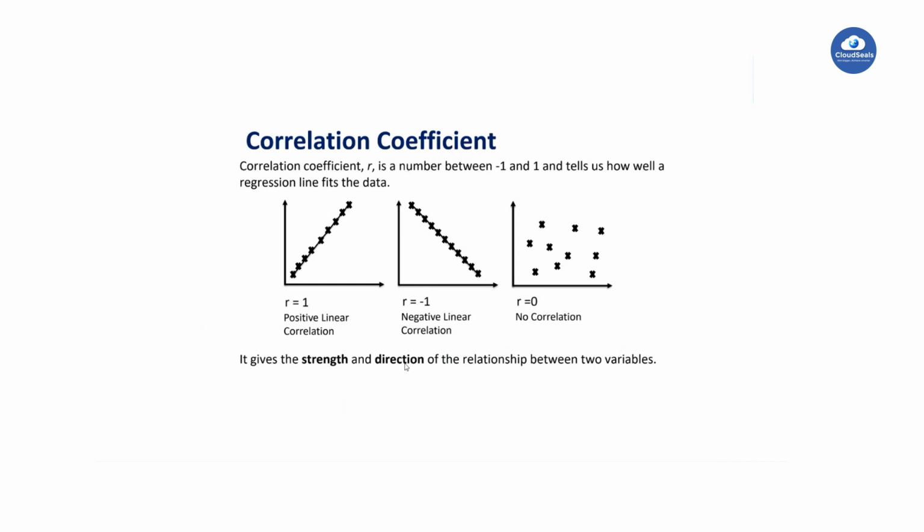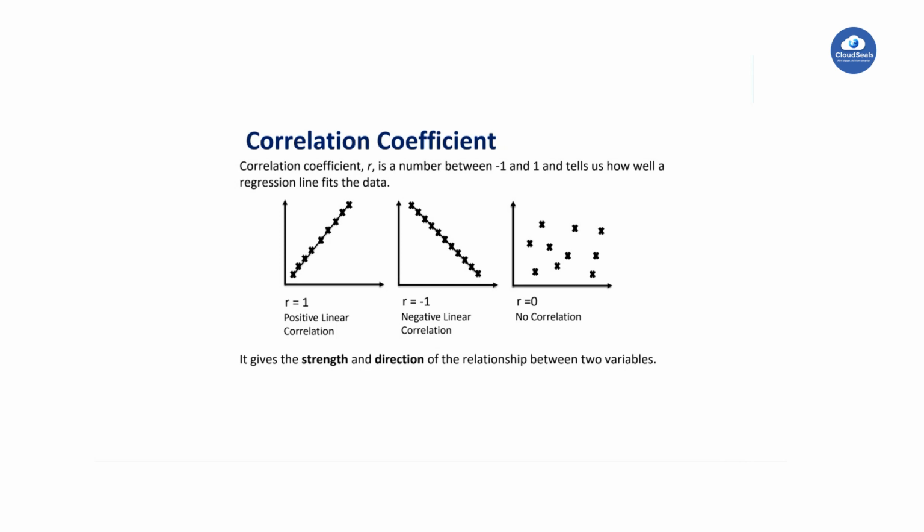This correlation coefficient gives the strength and direction. Strength and direction means if it is 0.5 or -0.5, there is a 50% relationship between the dependent variable and the independent variable. Values like 0.5, 0.4, 0.6, 1 or -1 are the strengths. Direction means if it is on the positive side, both will change in the same direction.